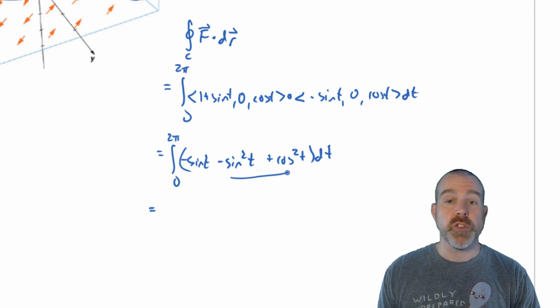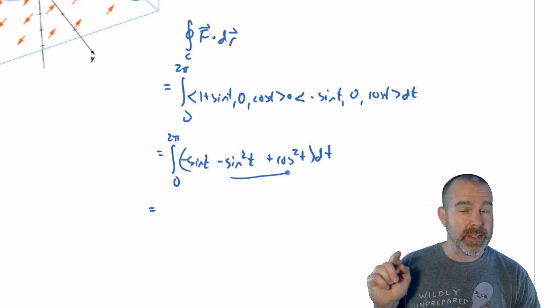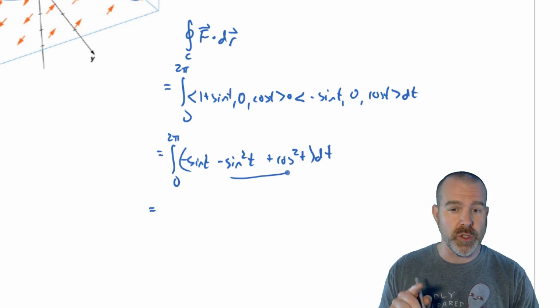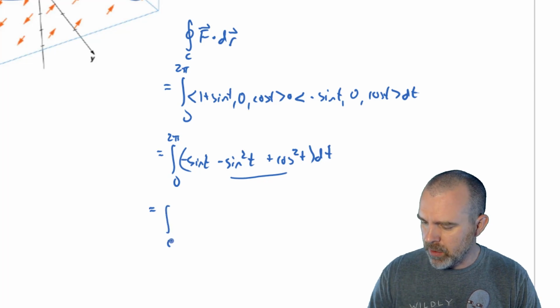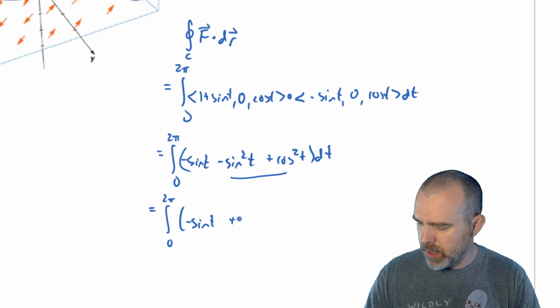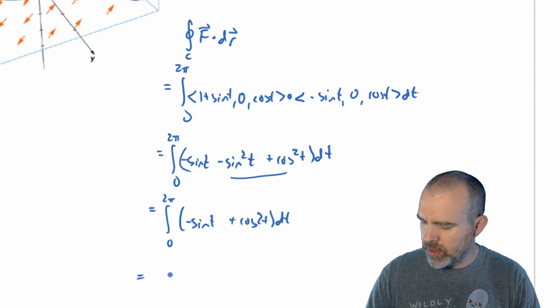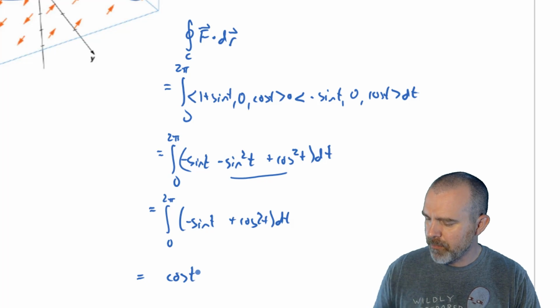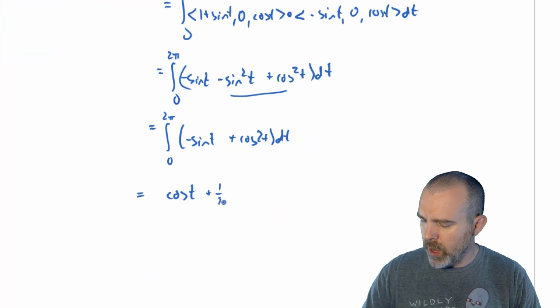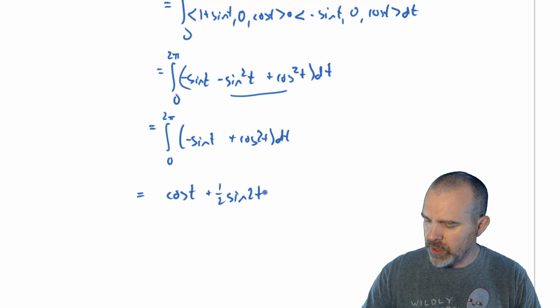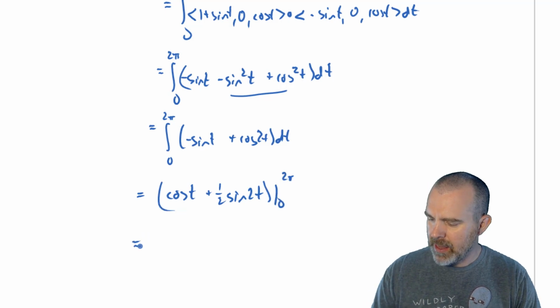Ooh, you know what? That's a trig identity. Cosine squared minus sine squared is cosine of 2t. So this will be the integral from 0 to 2 pi of negative sine t plus cosine of 2t. Excellent. So that's cosine of t plus 1/2 sine of 2t from 0 to 2 pi.